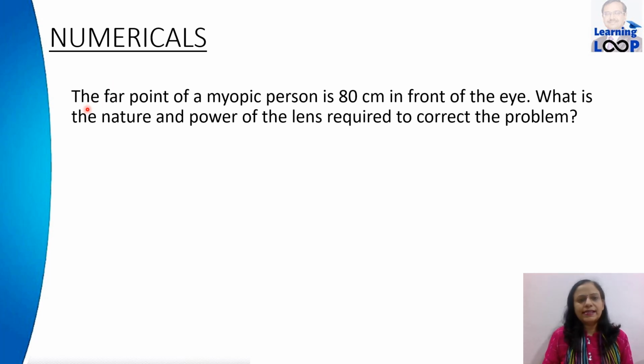The question says the far point of a myopic person is 80 centimeters in front of the eye. So always remember, the far point is 80 centimeters in front of the eye, and the nature and power of the lens that is required to correct the problem has to be identified.